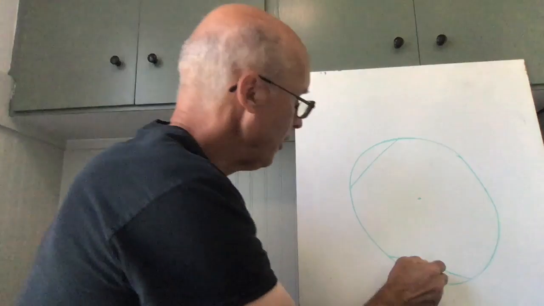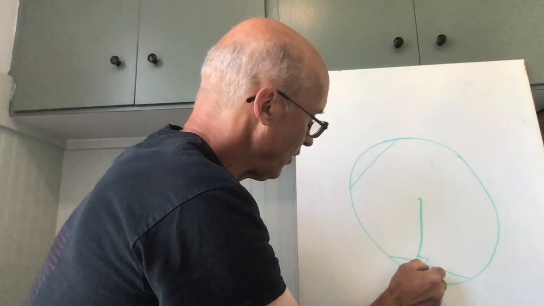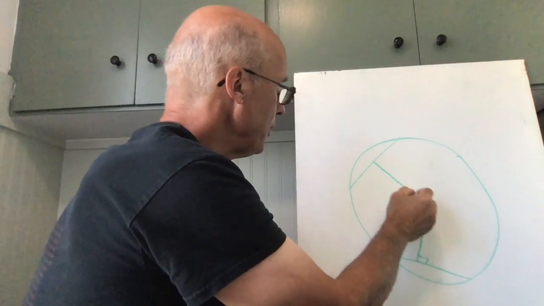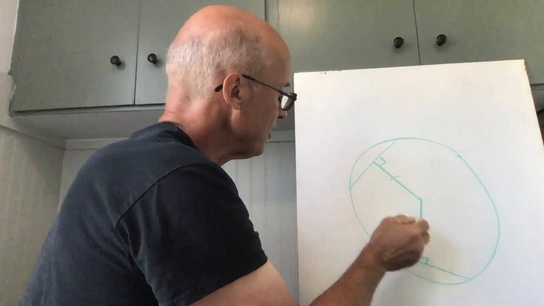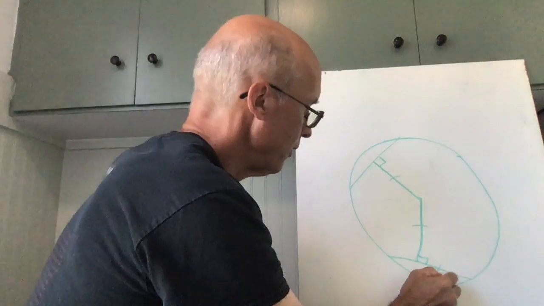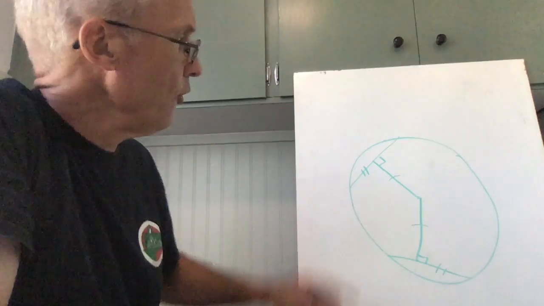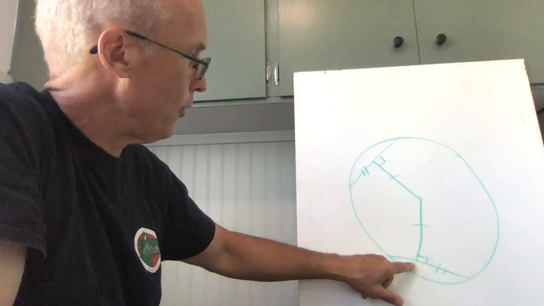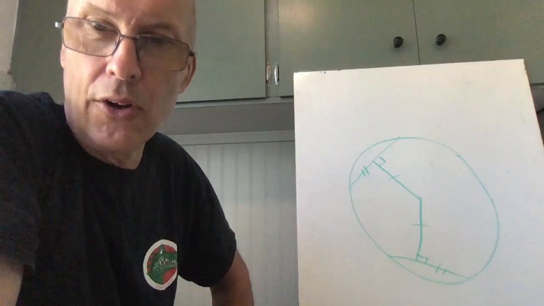So in other words, if I draw a perpendicular bisector here and a perpendicular bisector there, this distance is going to be the same as that distance if these two are the same. Okay? So if you have two congruent chords, then these two lengths are going to be congruent also.